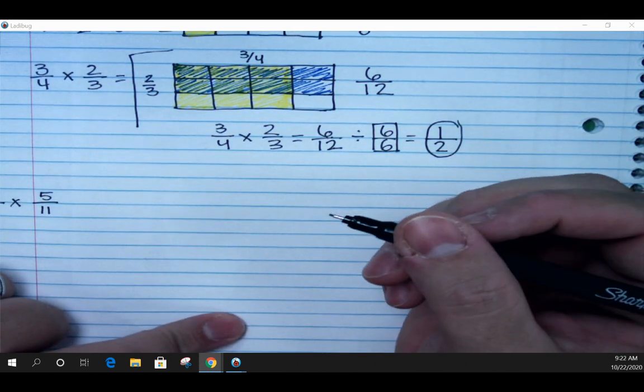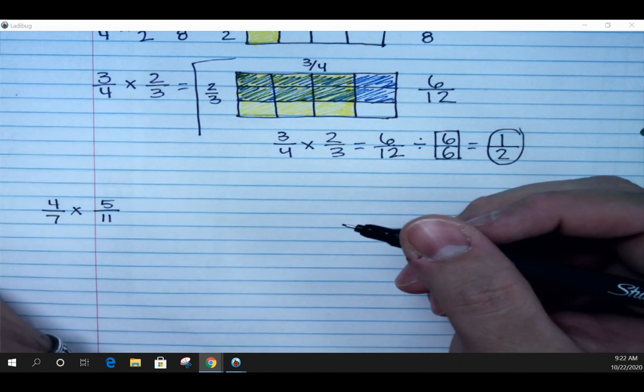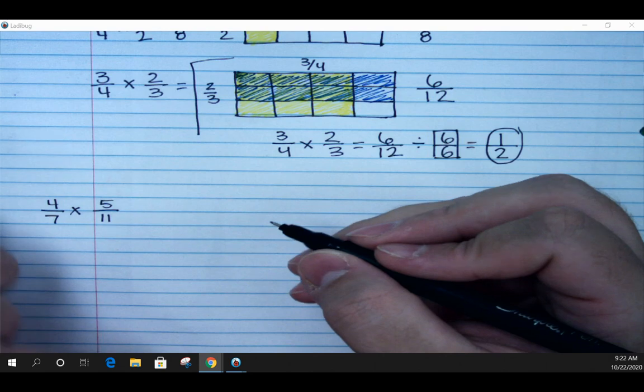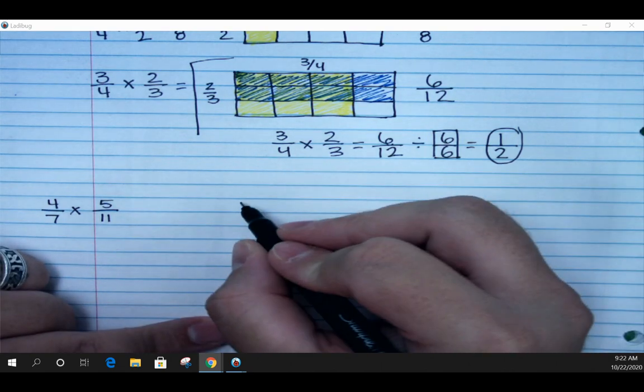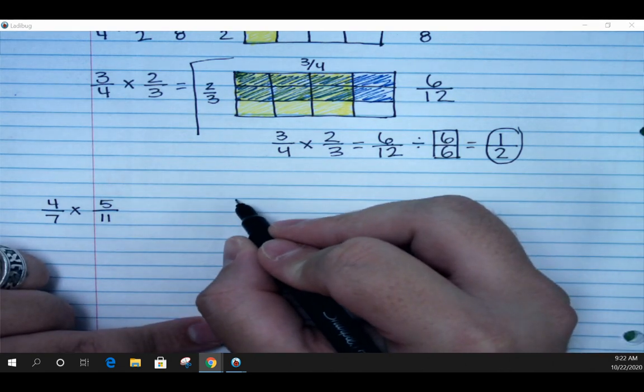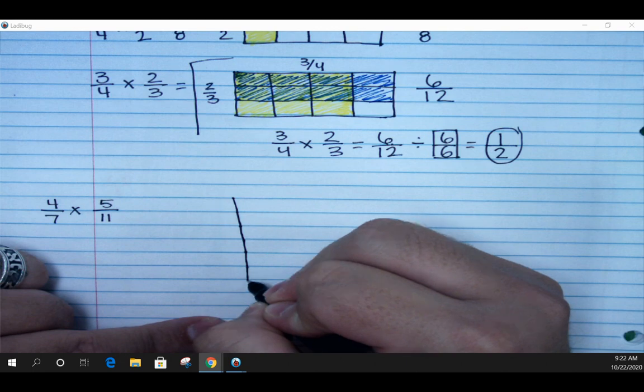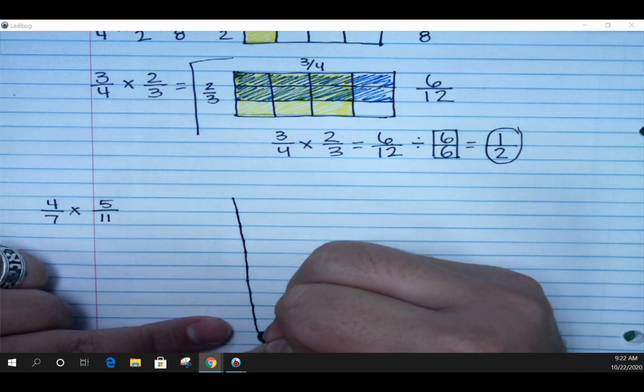It's a random fraction, not little numbers that play good together. 7 and 11 don't play good together. So let's go 1, 2, 3, 4, 5, 6, 7, 8, 9, 10, 11.